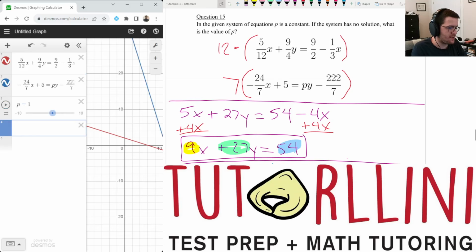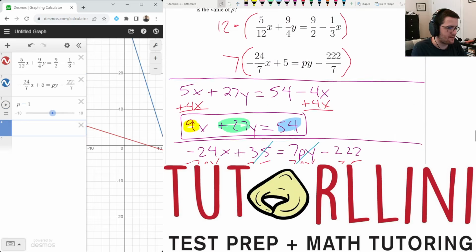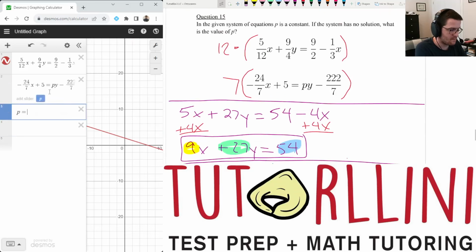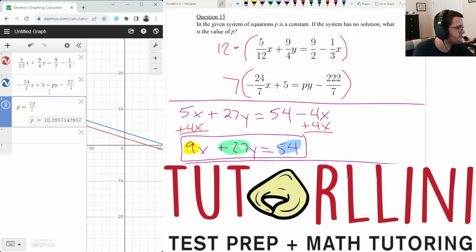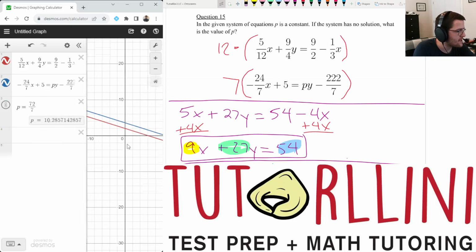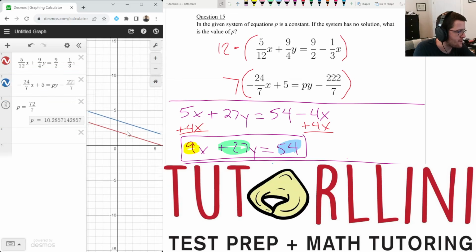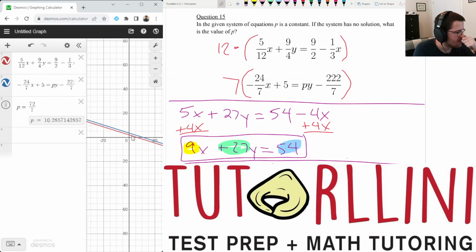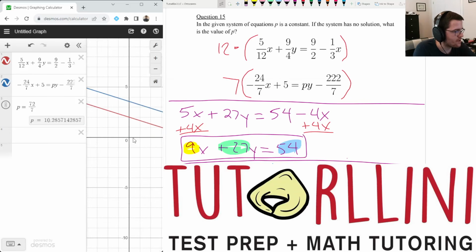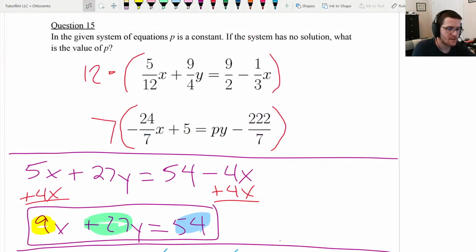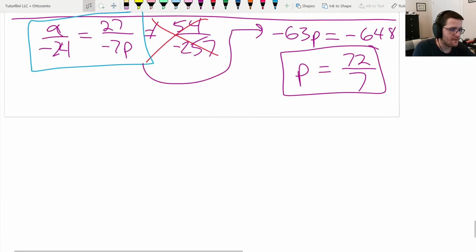And we're going to make p, what did we say, 72 over 7. So let's try that. Very good. Looks good. Okay, so we said for this one we wanted no solution, and seems like if we zoom in and zoom out, they don't cross at any point. So it seems like we did a good job. All right, very good. That was the last question.